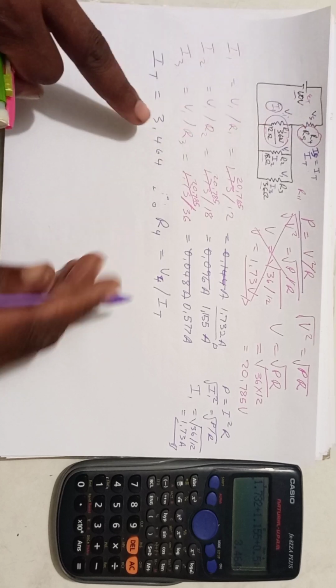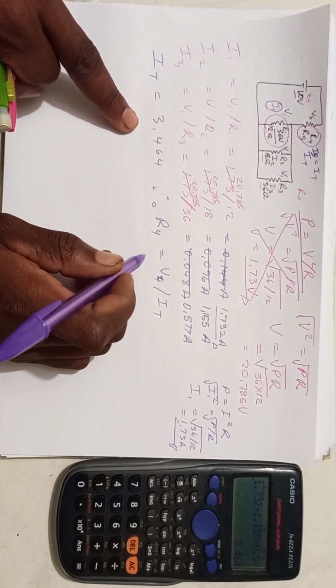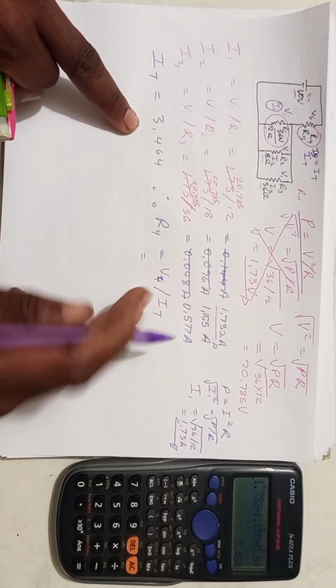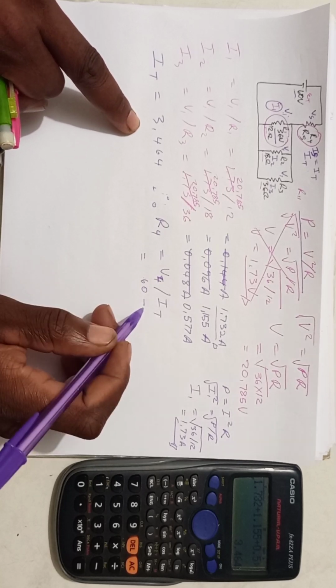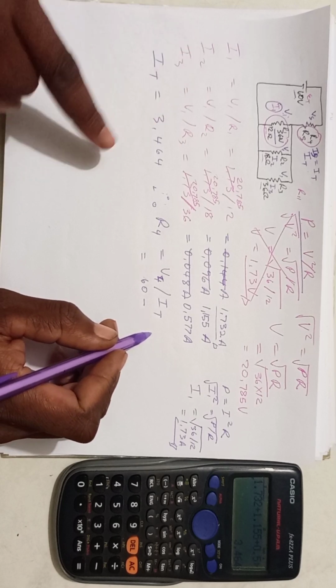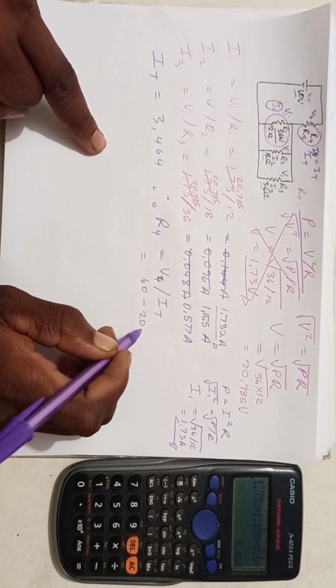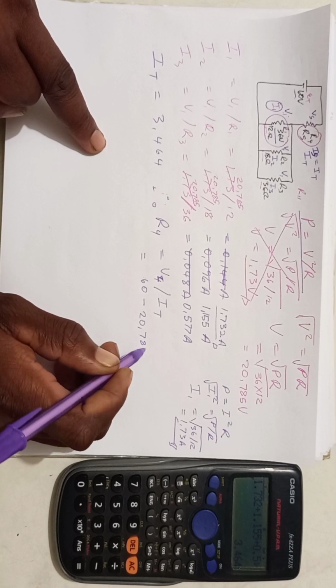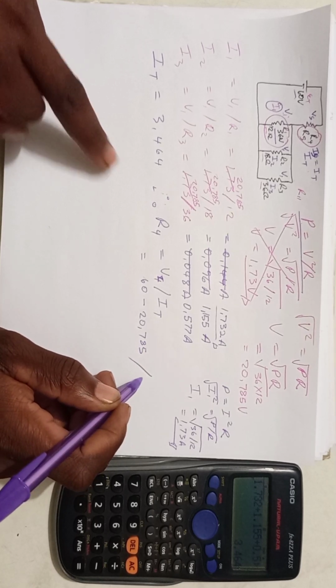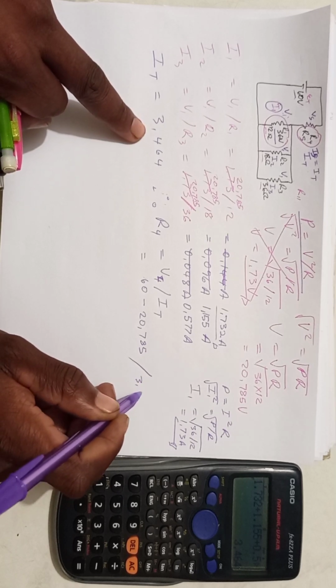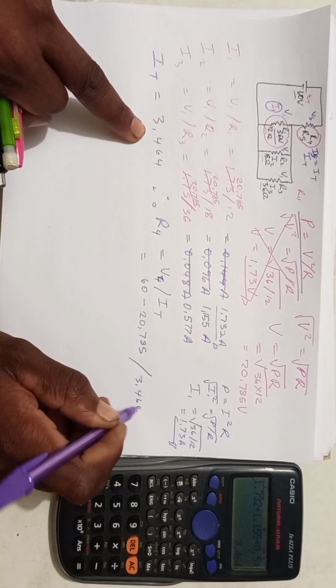Now, how do we get V4? V4 will be 60 minus V parallel, which is V1, that one, 20,785, all divided by I total, which is 3,464.